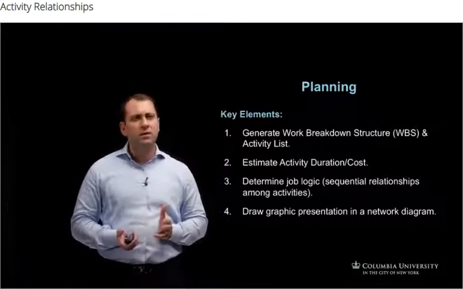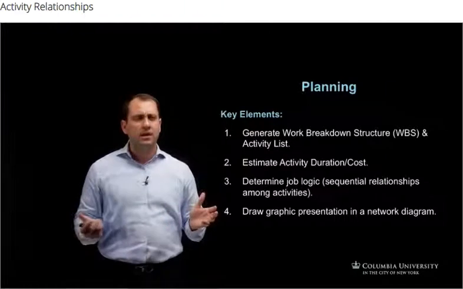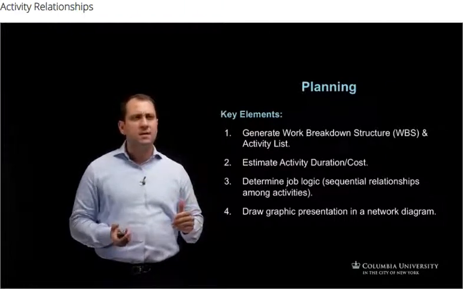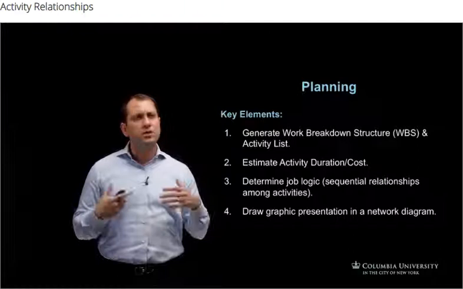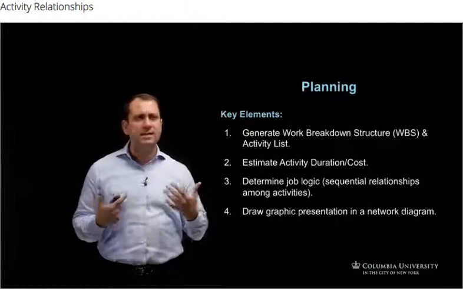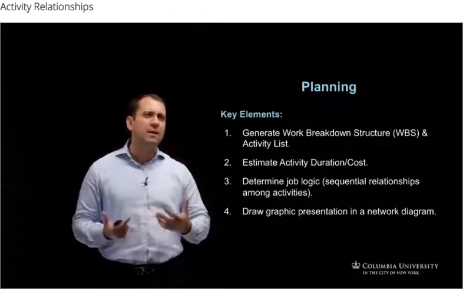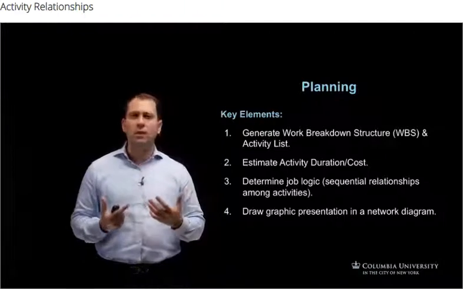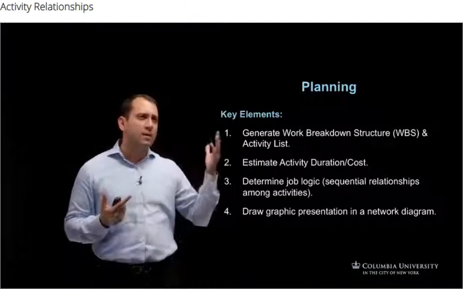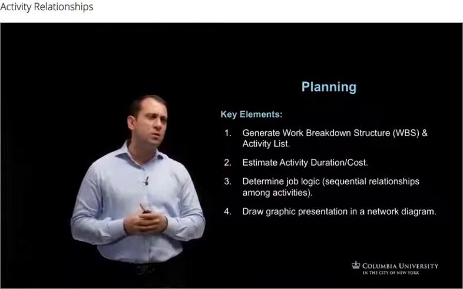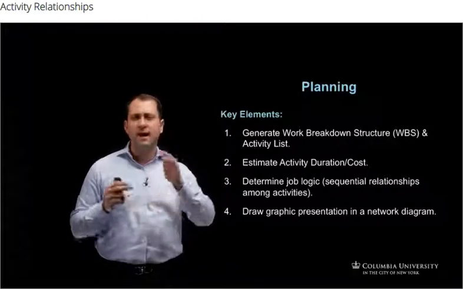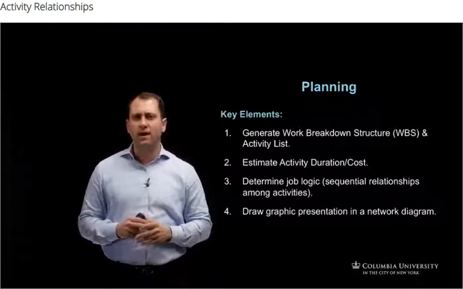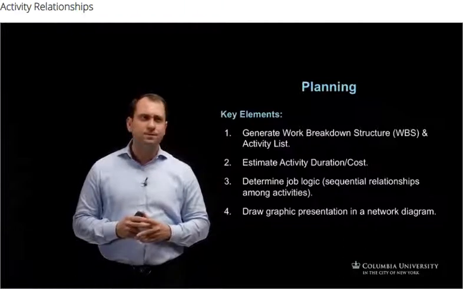So far, what we have been highlighting is construction project planning, and as I explained to you, the main key elements that we went through and covered were the work breakdown structure, which we explained in detail, and how at the end we came up with the activity list.